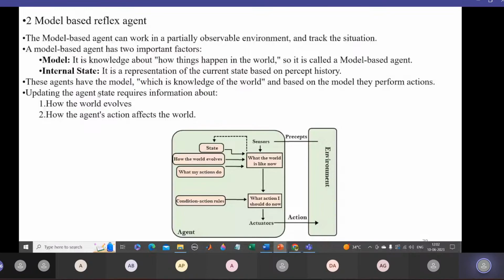Updating the agent state requires information about how the world evolves and how the agent's actions affect the world. So the model-based reflex agent relies on the model and the internal state.